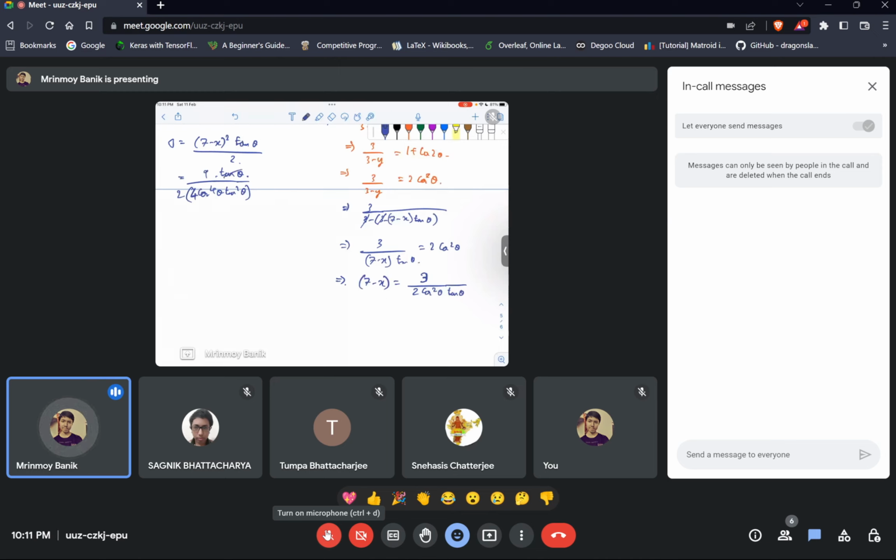So one tan theta out, we have 9 by 16, 1 by cos 4 theta tan theta. So that's cos cube theta sin theta.